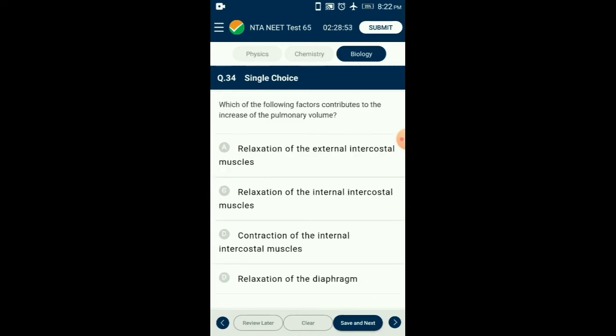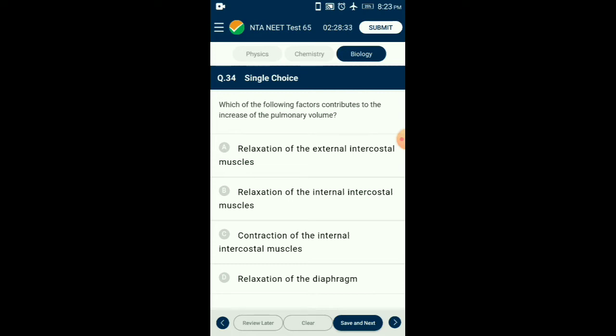Question number 34. Which of the following factors contributes to the increase of the pulmonary volume? Inspiration is initiated by the contraction of the diaphragm, which increases the volume of the thoracic chamber in the anterior-posterior axis.